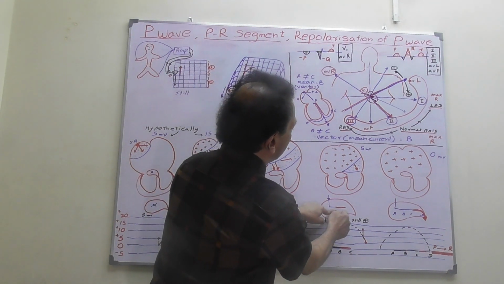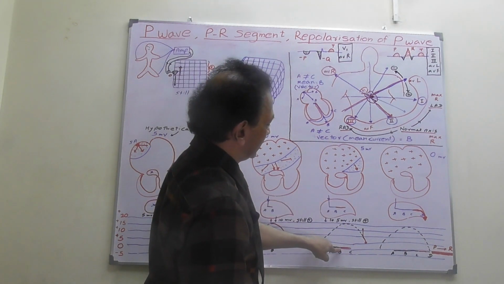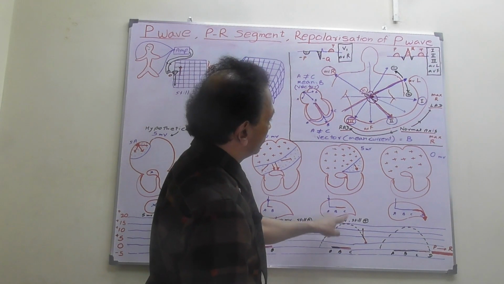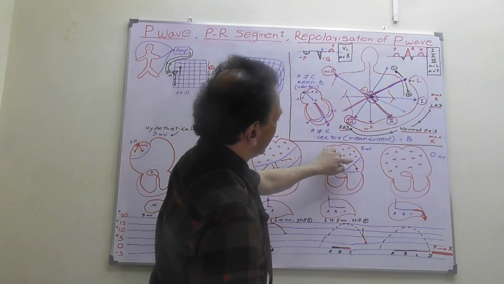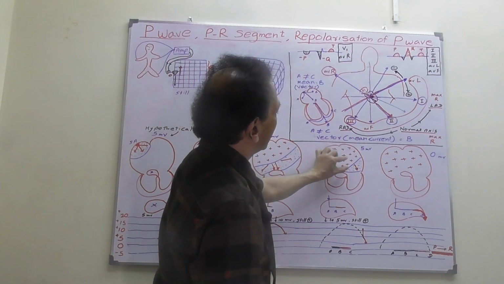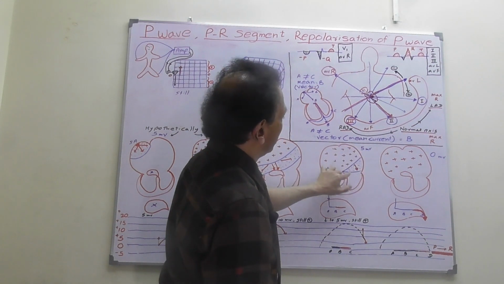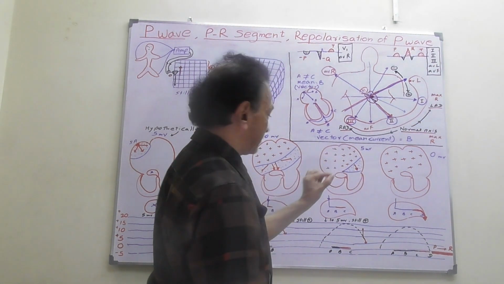Now from B to C it moves, but though it moves from B to C, no wave is produced because of the contraction of the atria. Now the atrial area is very small, so hypothetically we will think that it is a 5 millivolt current being produced by contracting the small area.